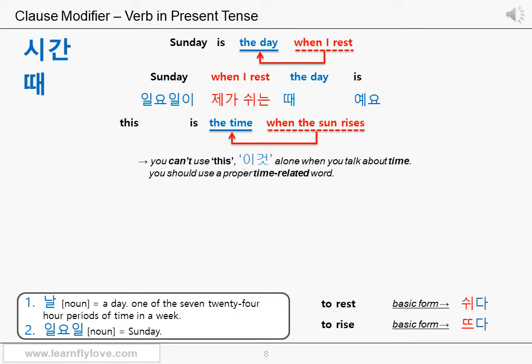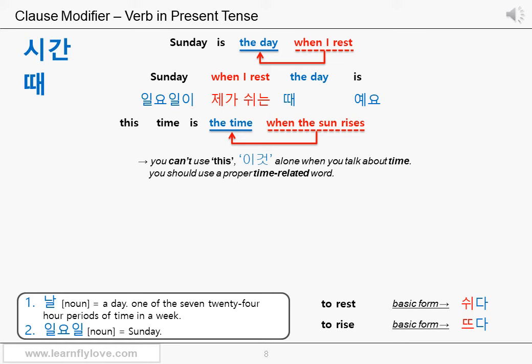So let's put the noun "time" in the subject one more time. This time is the time when the sun rises. But you know that it's always better not to use the same noun in the same sentence. So let's use 때 for the subject "time" and 시간, which actually means time, for the modified noun "time".